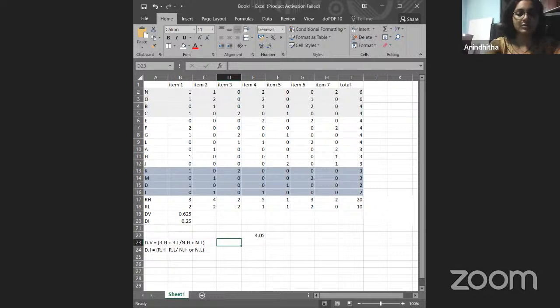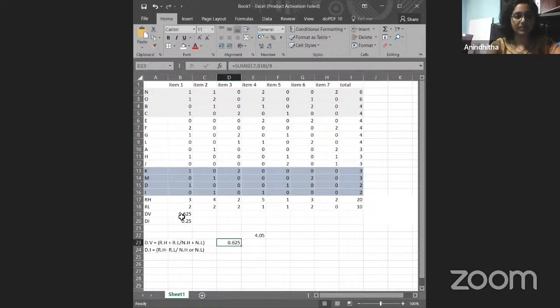So what we're going to do is write equal to sum, open the brackets. We're going to type RH, which is indicated by the cell B17, so we write B17, comma, B18. As we can see here, B18 is RL. So we're going to add these two, which is clearly indicated by the sum, divided by 8, which we already discussed. So we will get the value 0.625.